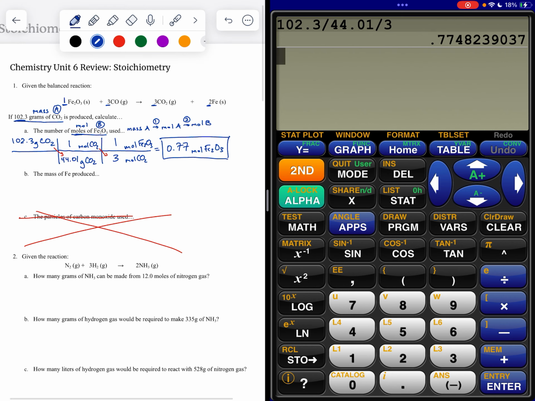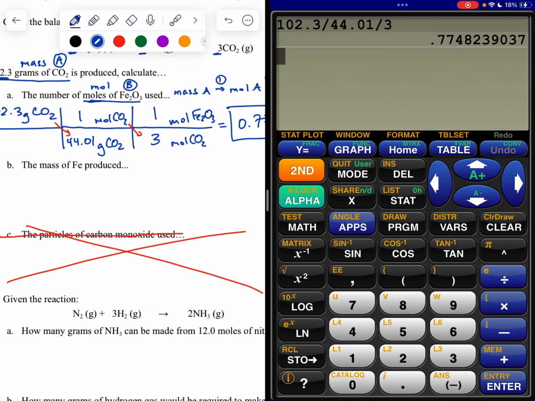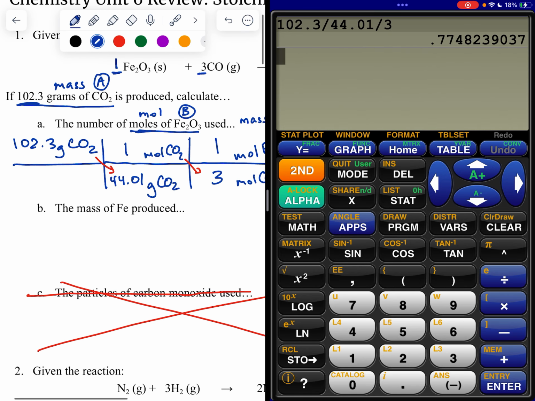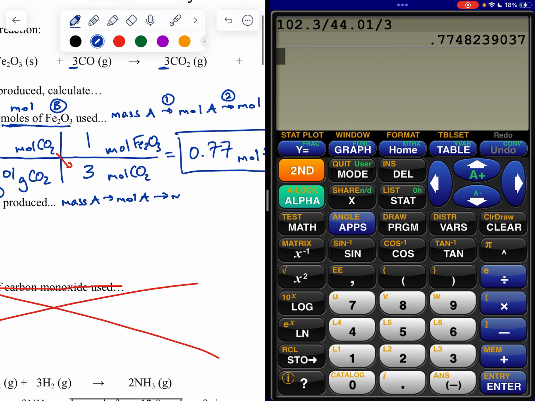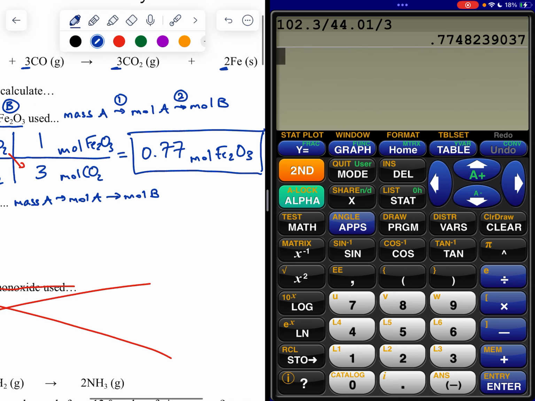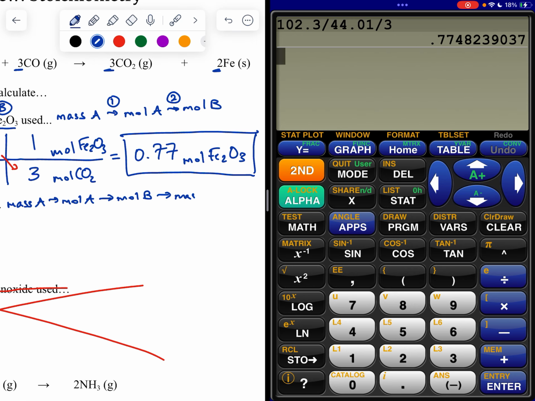So that's good there. These are extensions of that problem. In this case, I'm given the mass, or I want the mass of Fe, which is mass B. So this problem would be a mass A to moles A to moles of B to mass of B problem, right?